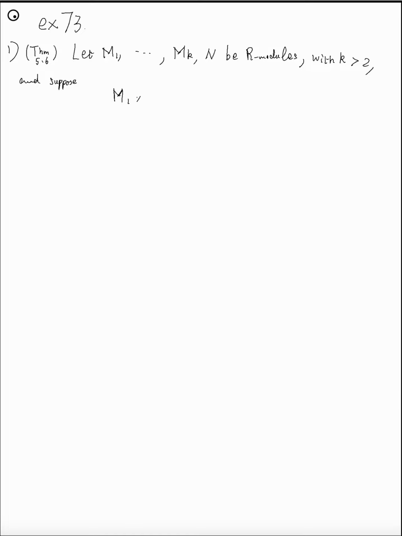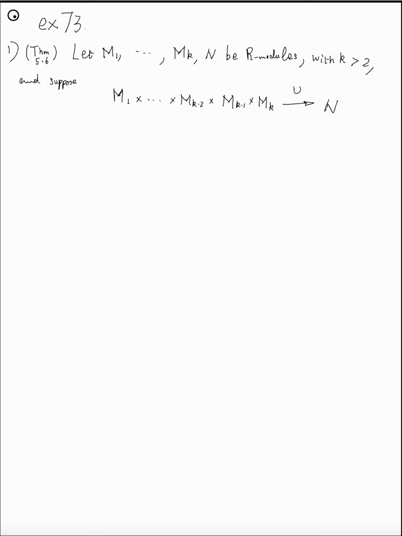Suppose we have a map from M1 product through Mk-2, Mk-1, Mk. We're not requiring this to be multilinear, just formally construct a map.